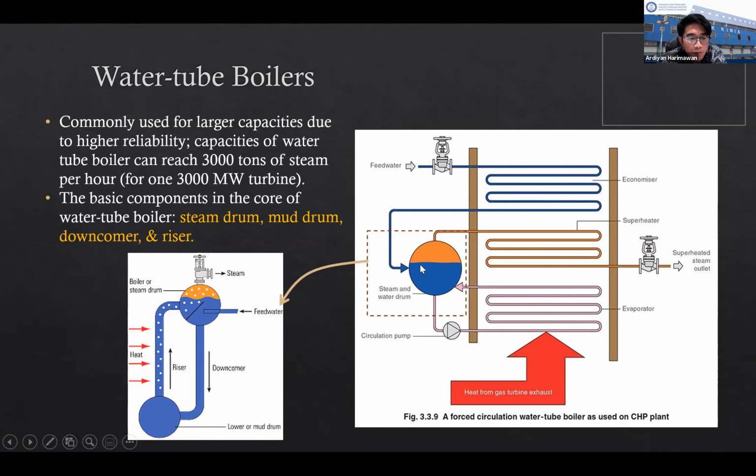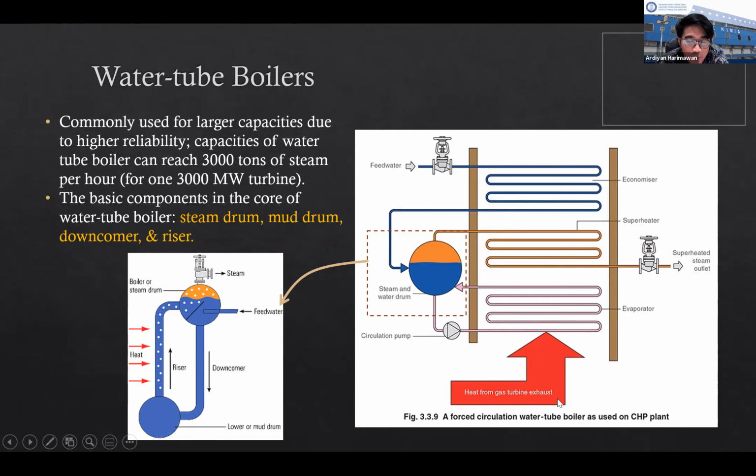Okay. So in the water tube boiler, basically, if you have combustion gas, the heat from the gas can be used first to heat the water from the water drum. I think I can explain it from the combustion, the heat from the gas first.